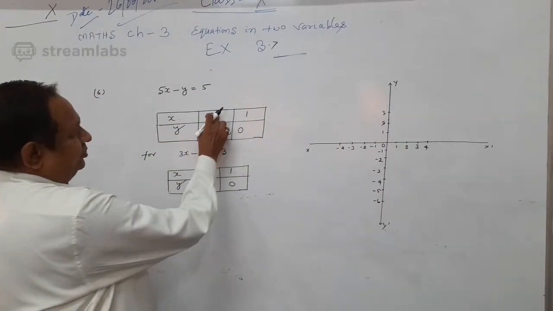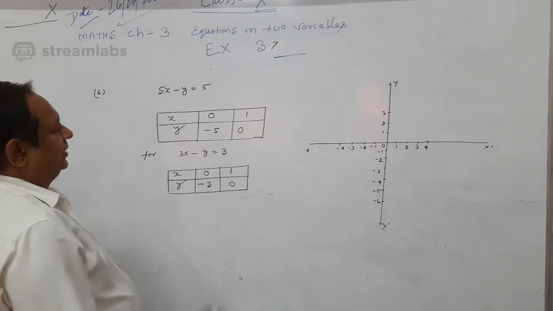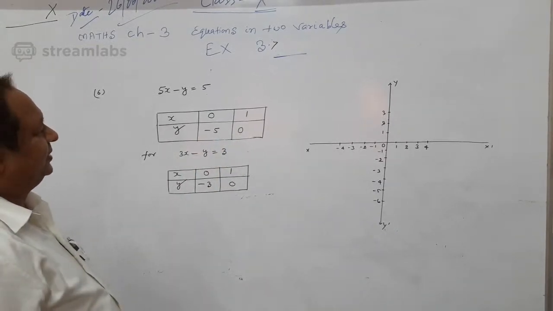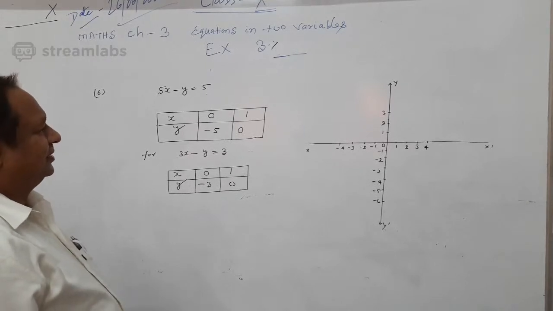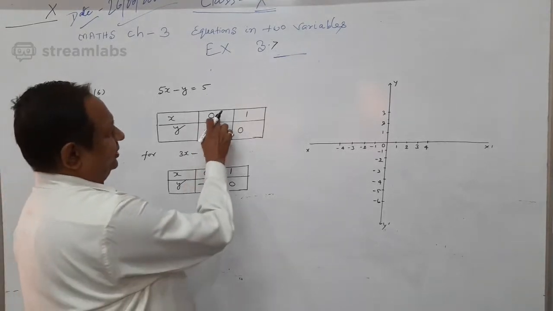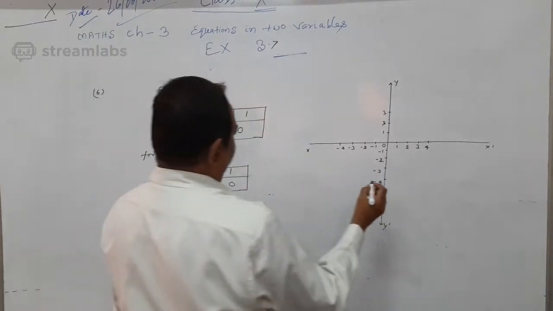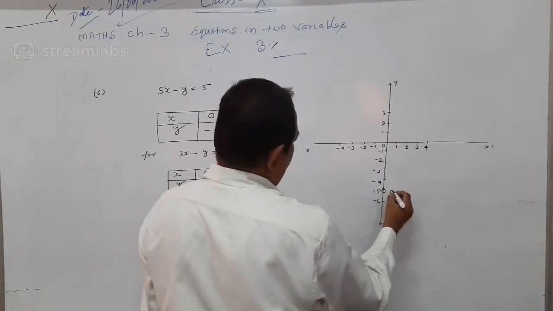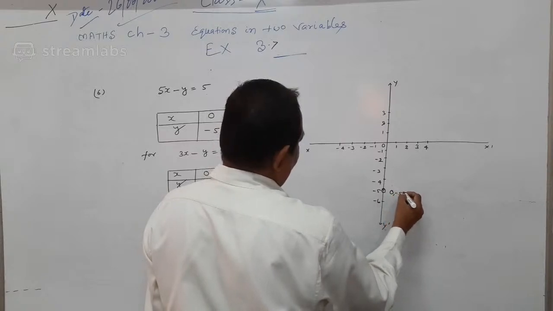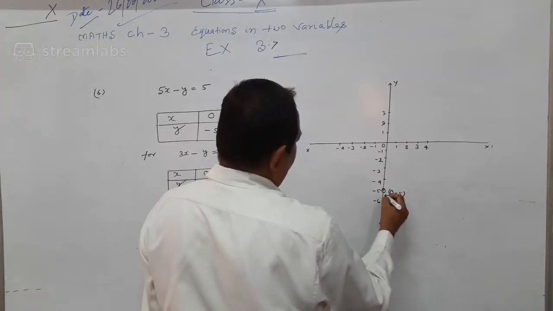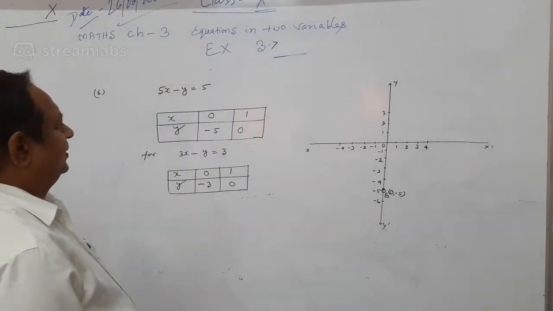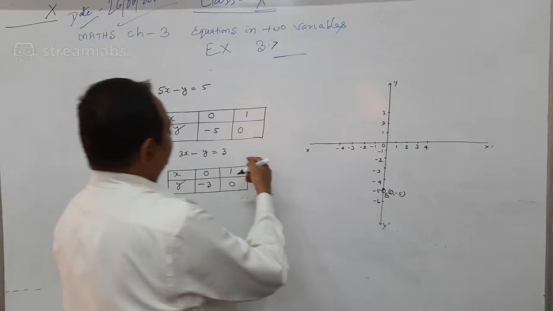So x is equal to 0, y is equal to -5. Any point situated on y-axis has x coordinate equal to 0. So this point is 0, -5. Say the point is B. Now x is equal to 1, y is equal to 0.